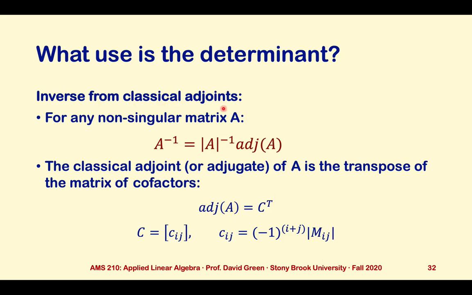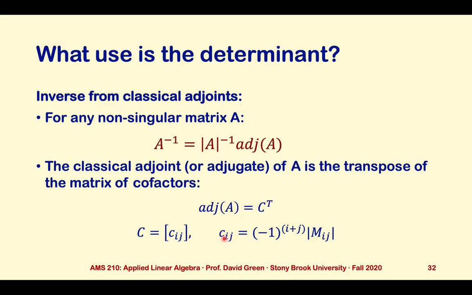For any non-singular matrix A, the inverse can be found by 1 over the determinant, multiplied by a matrix known as the classical adjoint of A. This classical adjoint is the transpose of a matrix that's made up of all of the cofactors of A. We just discussed how the cofactors of A are involved in this Laplace expansion method for computing a determinant.